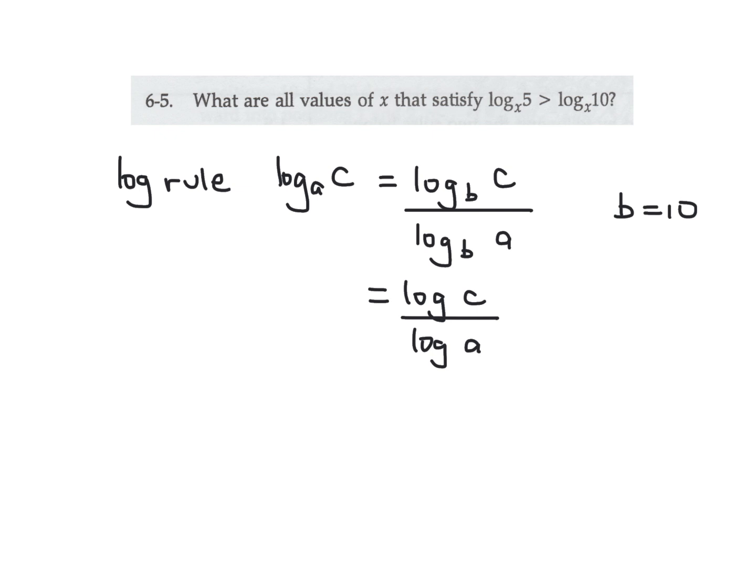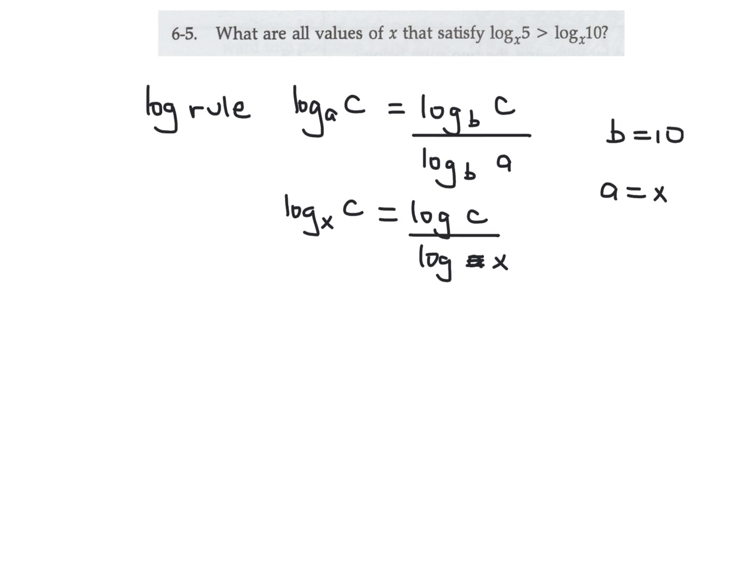I guess instead of a, I will write x, and then instead of c we'll talk about a little bit later, so it'll just be like this, the log of c to the base x. And then this of course would become x, like that. Yeah, I think that'll help out.